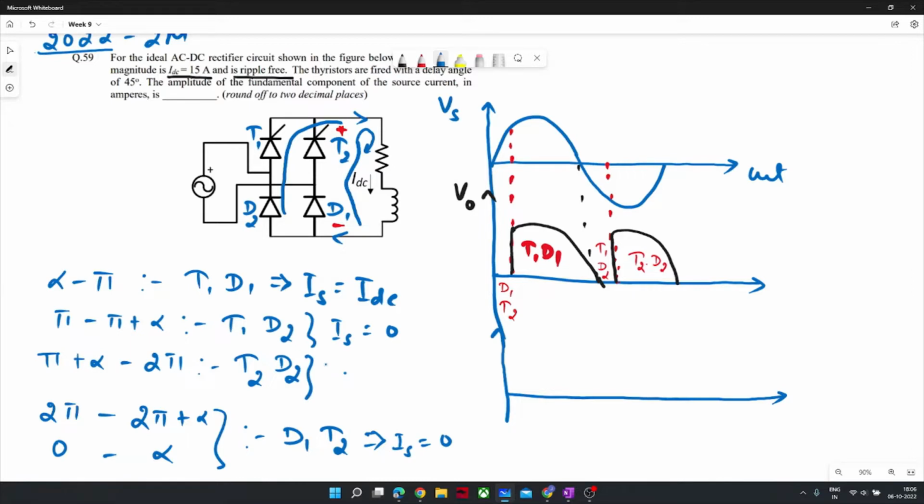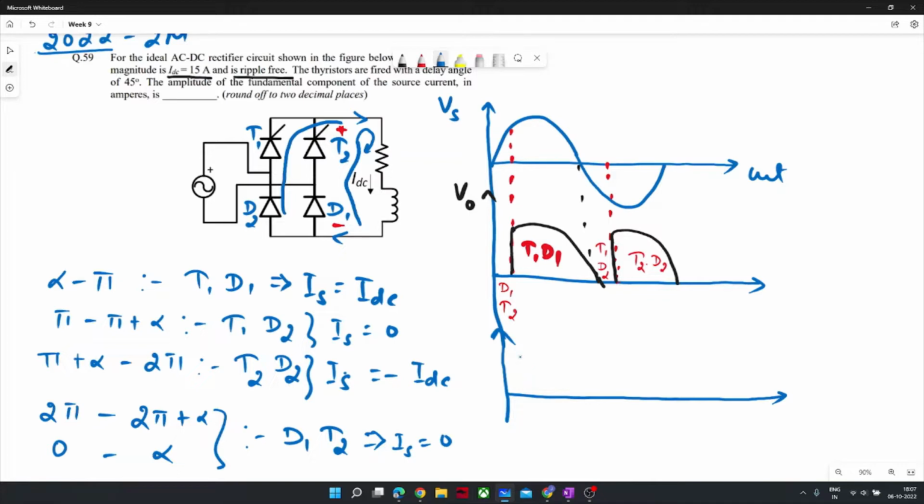But here, IS will have IDC, but on the negative side. When T2 and D2 conduct, IDC is equal to minus IS, as you can visualize from this circuit. That's why all this waveform drawing was important.